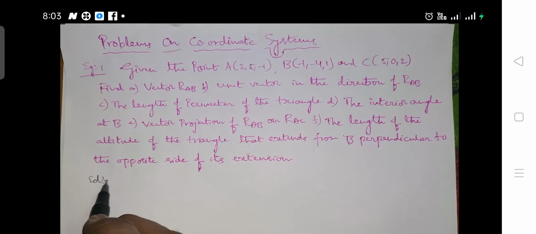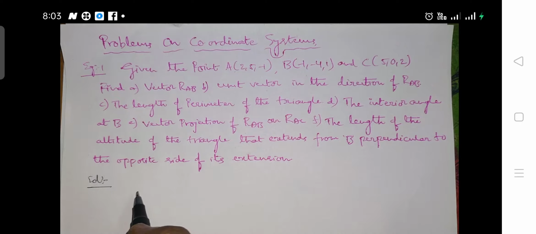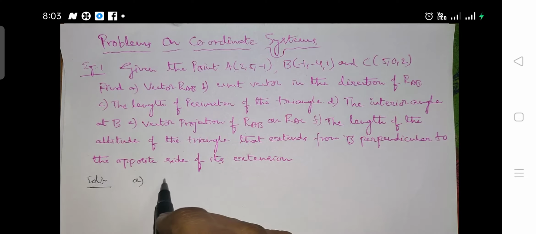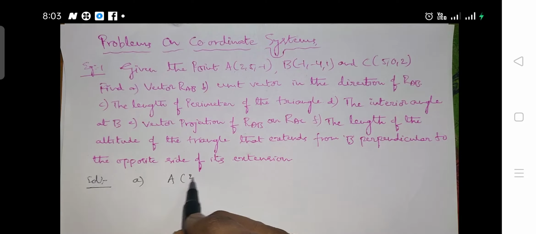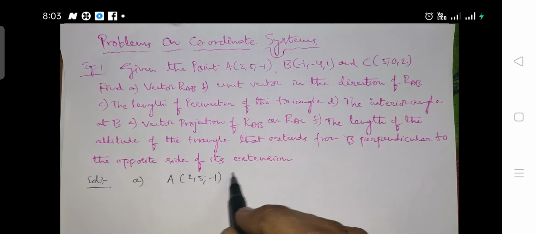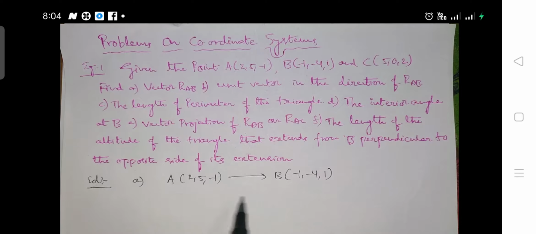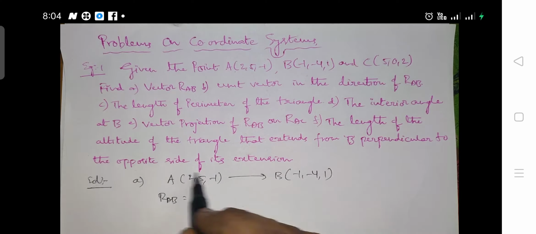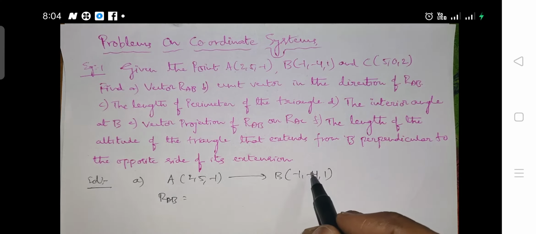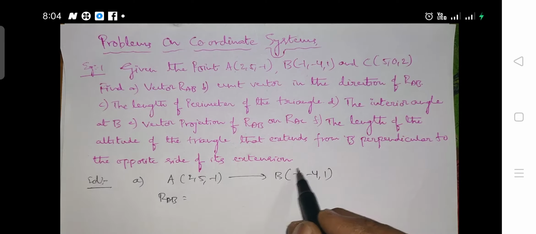First we have to find out the vector directed from A to B. This is the solution for our A. The point A is given as 2, 5, -1 and point B is -1, -4 and 1. We need to find the vector directed from A to B. We have to subtract the x components, that is Bx minus Ax.